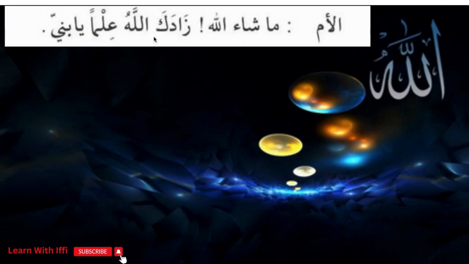Zadakallahu. It's also a beautiful dua, which means zada again. It's a weak verb. We see the alif here, which means he increased. So we're looking for the fa'il here. Ka is an attached pronoun, so this is not a fa'il. This is a damir muttasil, a maf'ulun bihi. We know when the pronoun joins a verb, it is a maf'ulun bihi. So we're looking for a fa'il with dhamma.